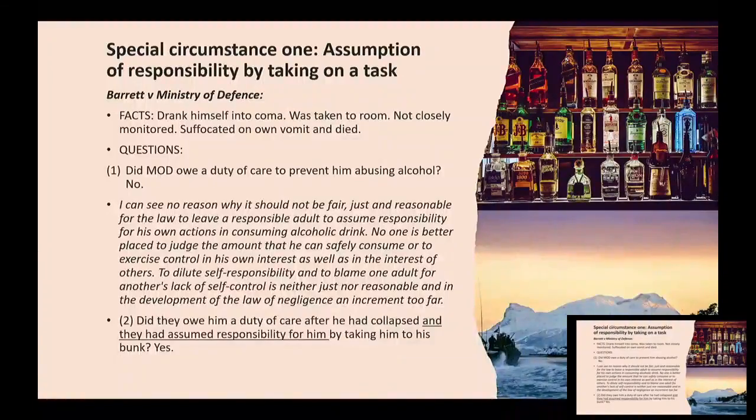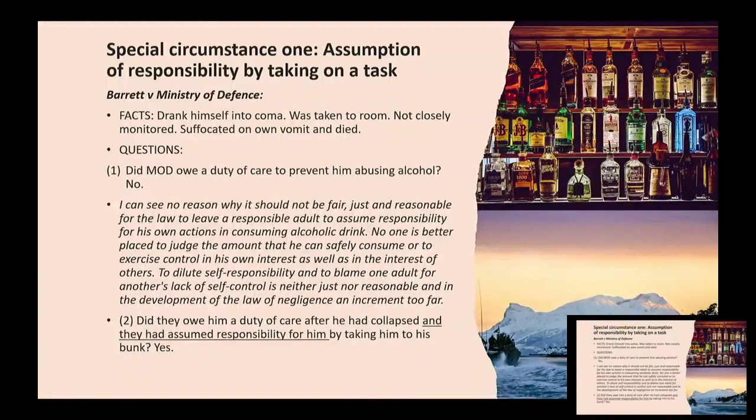The characteristic which distinguishes those relationships is reliance expressed or implied in the relationship which the party to whom the duty is owed is entitled to place on the other party to make provision for his safety. But the judge said, I can see no reason why it should not be fair, just and reasonable for the law to leave a responsible adult to assume responsibility for his own actions in consuming alcoholic drink.